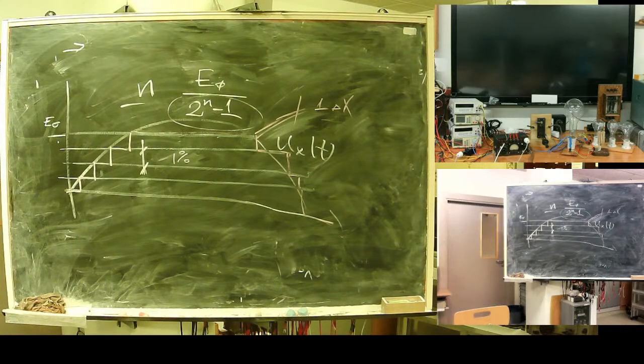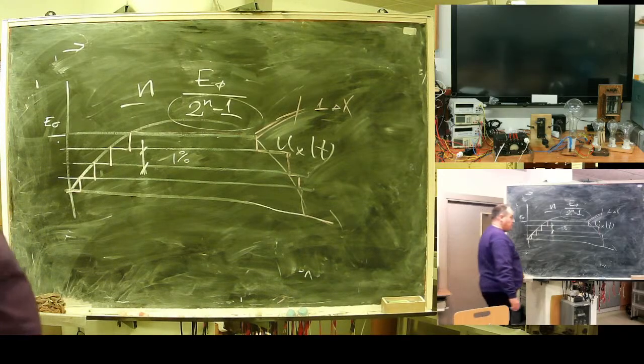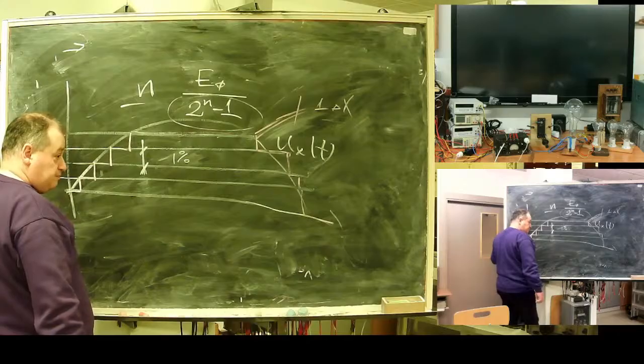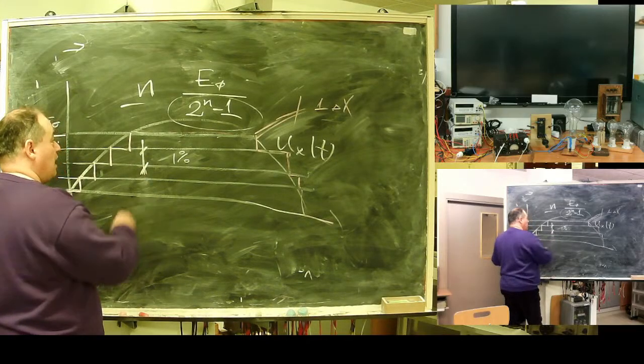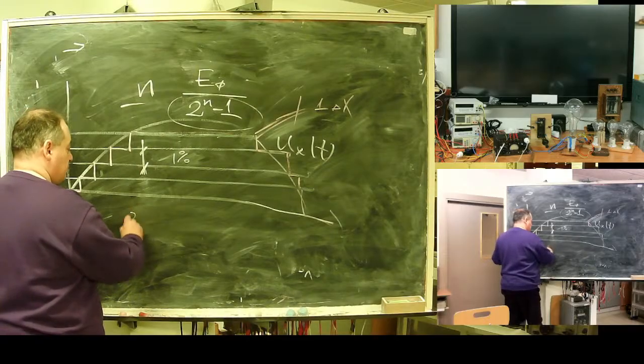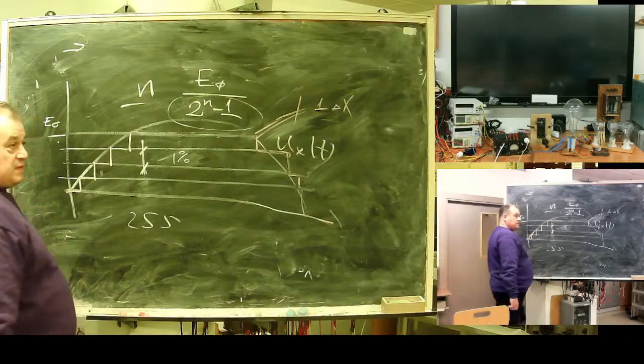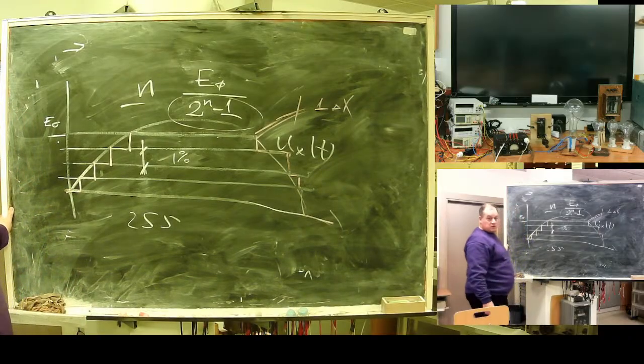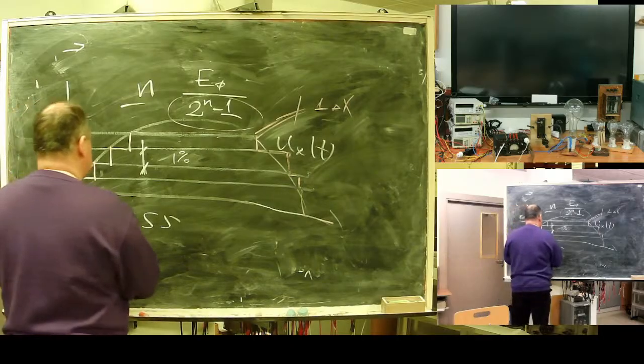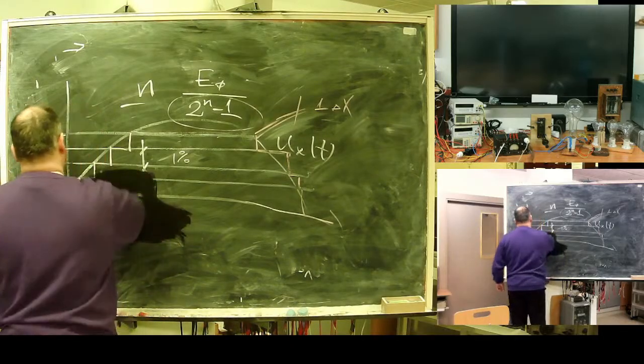Actually, no one in this world produces flash ADC with number of comparators less than 255. Really small, because it becomes extremely expensive.